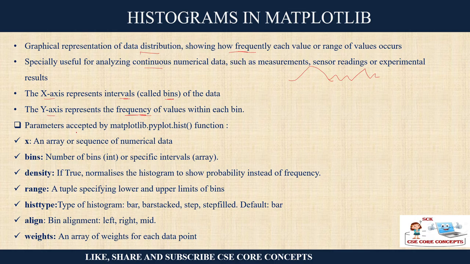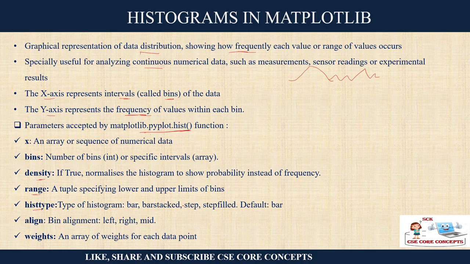Now, the parameters accepted by the matplotlib.pyplot.hist function. Obviously you have x values, you have bins, you have density. Density means it shows the probability instead of frequency. If you don't want to show frequency, you can show the probability also. Range, the upper and lower limits.